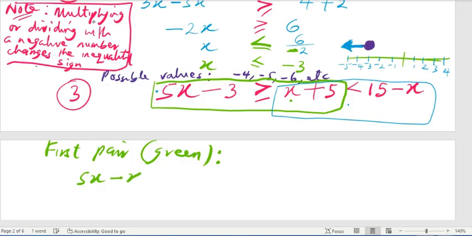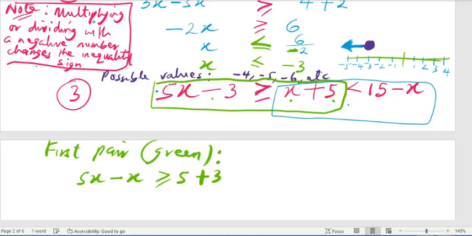Minus x. So, less than or equal to, greater than or equal to, what do we write first? Write what is there first before you bring anything over. It's x plus 5, before the minus 3 crosses over. When minus 3 crosses over, it becomes what? Plus 3.